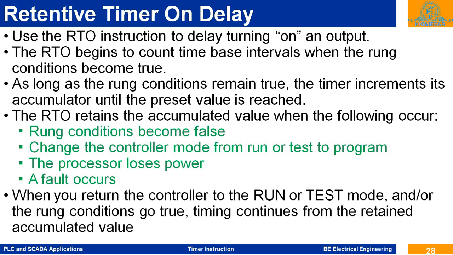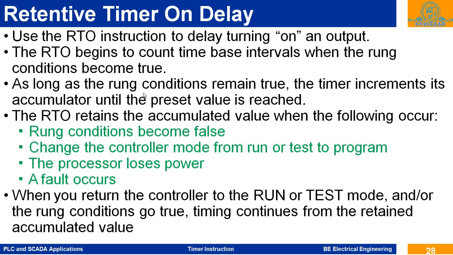Okay, so in the morning we turn on the rolling mill, and your accumulator starts incrementing. After 10 hours we switch off or shut down the rolling mill, so the accumulator stops incrementing, but it will retain its value of 10.